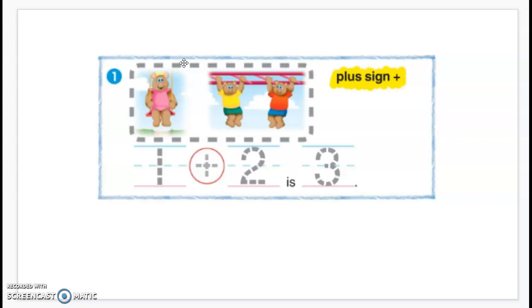So since we're putting these 2 groups together, we need to show that by adding a plus sign. So 1 plus 2 is, and let's count everything together to find out what comes after is. 1, 2, 3. So let's read everything together. 1 plus 2 is 3.